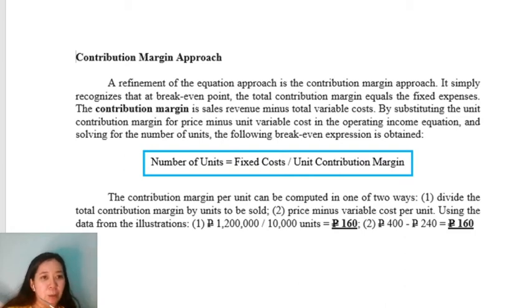What about using the contribution margin approach? This is a refinement of the equation approach. The contribution margin approach simply recognizes that at the break-even point, the total contribution margin is equal to the fixed expenses.